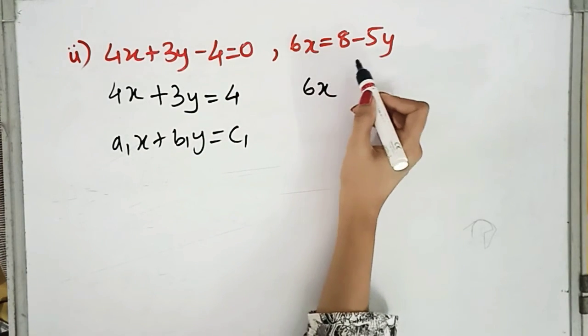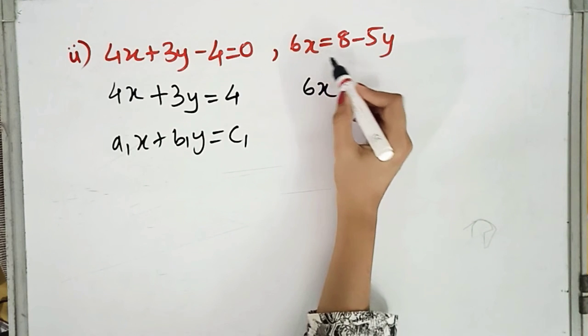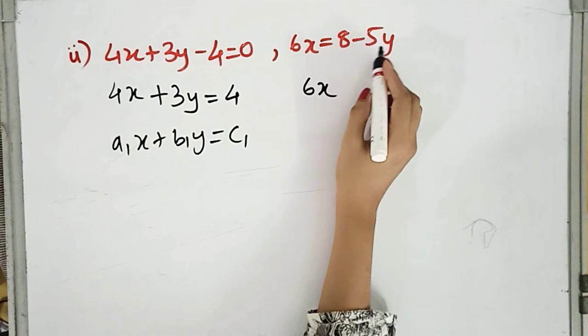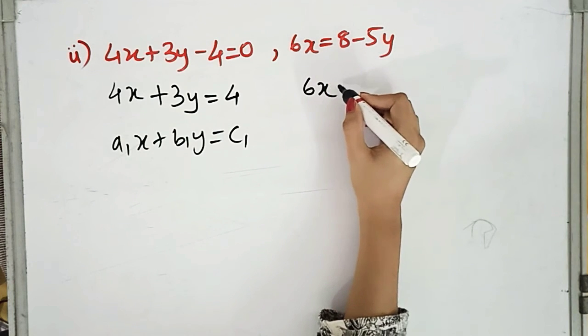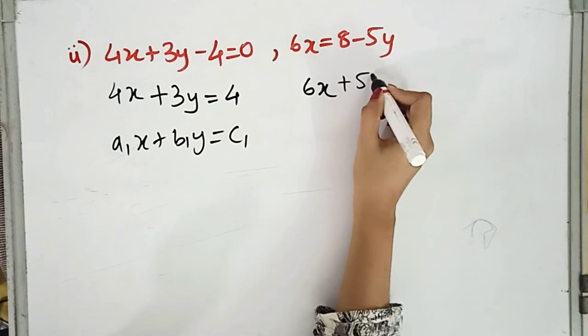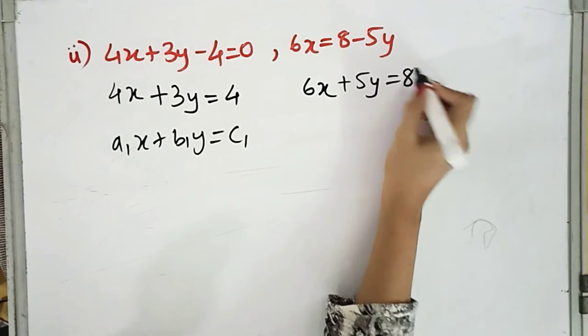Similarly we simplify this equation. 6x equals 8 minus 5y. Bringing minus 5y to the left-hand side, that will be 6x plus 5y equals 8.